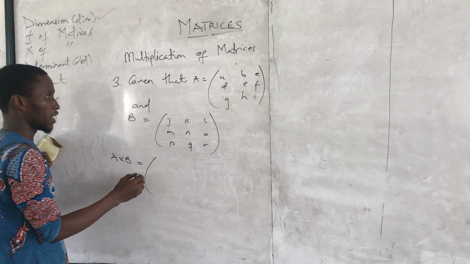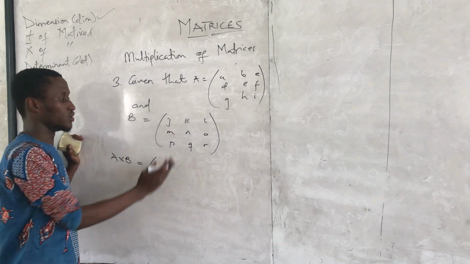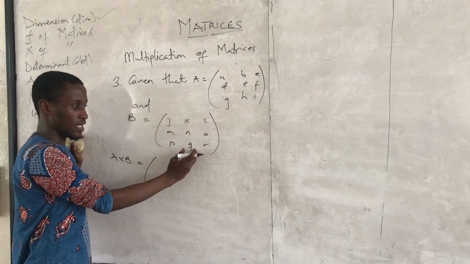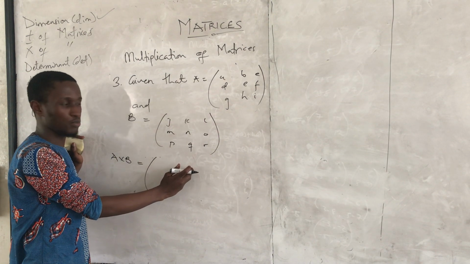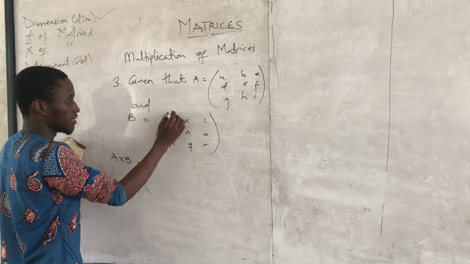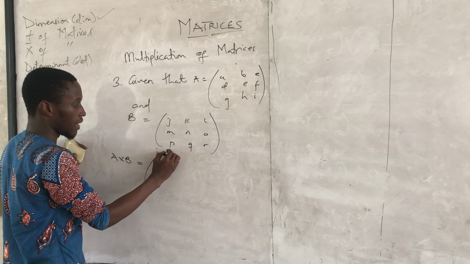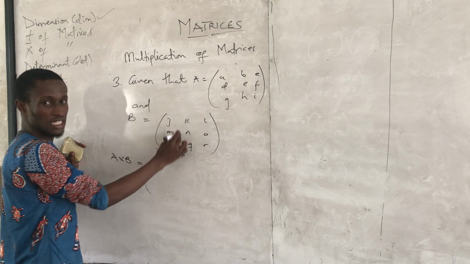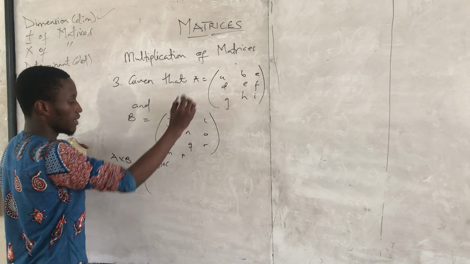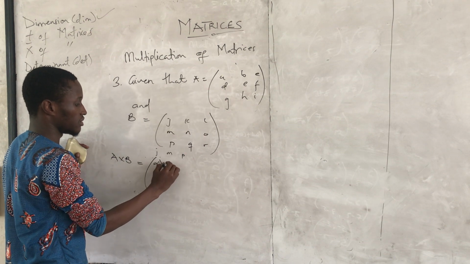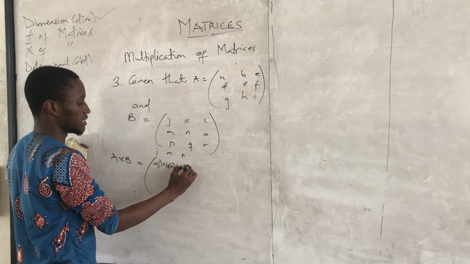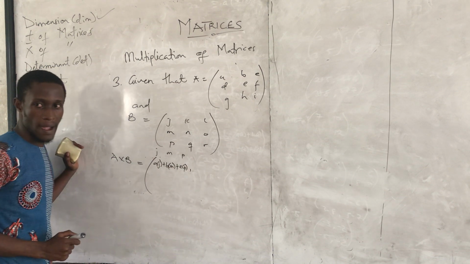So A times B, we'll do the same thing. We'll take the first column of B, we'll multiply, then comma, we'll take the second column, multiply, and comma, the third column. So I have J, M, P. That is the first column. So A times J plus B times M plus C times P, comma.